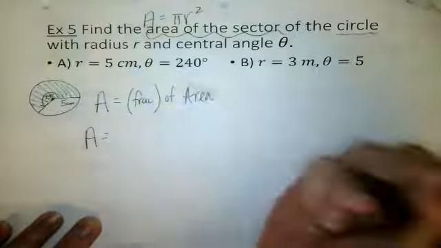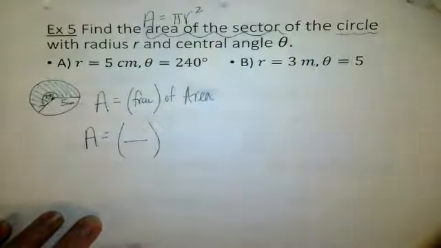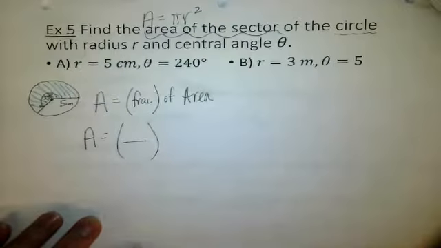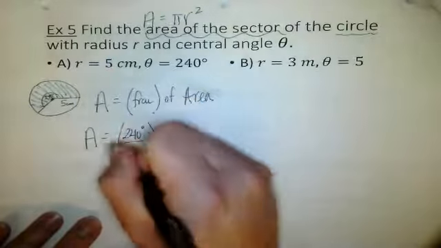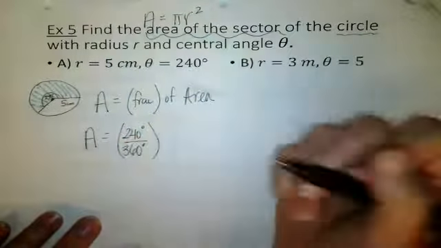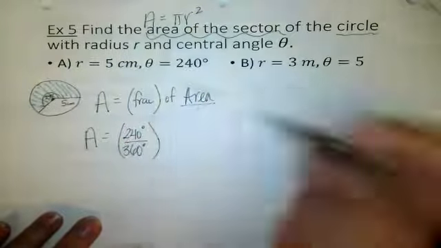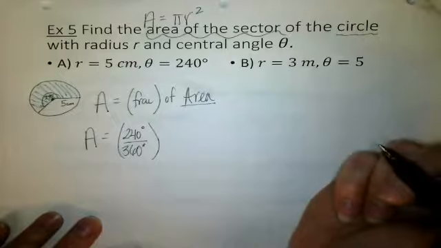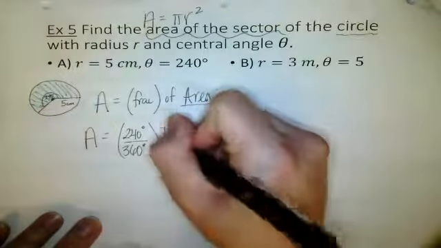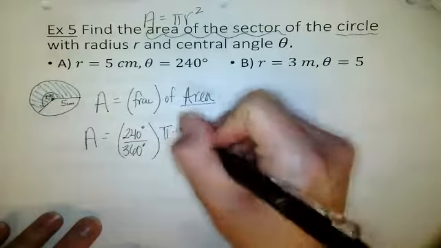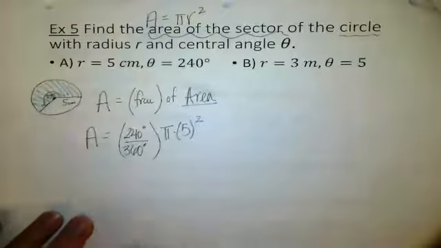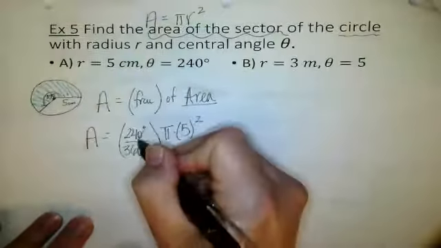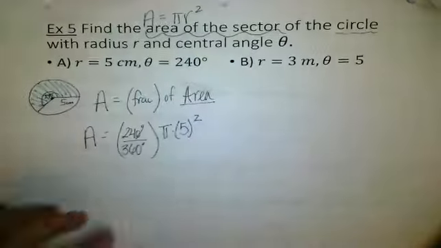So that area of a sector is some fraction. What's our fraction? 240 degrees out of 360 degrees. And area is what? Pi r squared. So pi times 5 squared. I can clean up my fraction a little bit there.